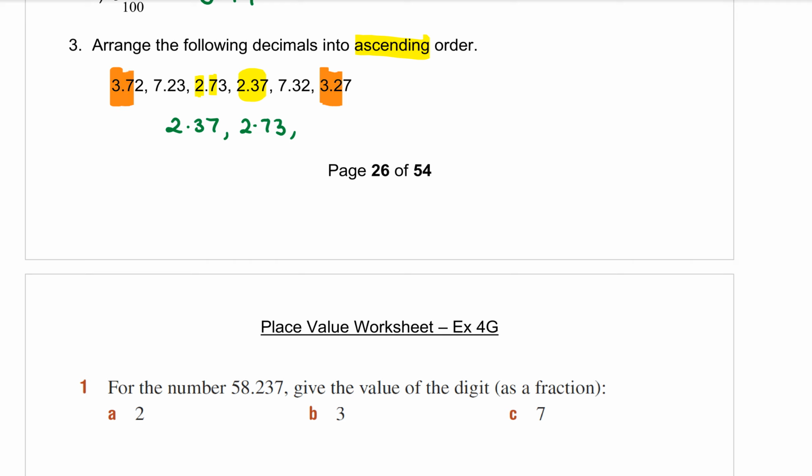So we put 3.27 first and 3.72 next. And finally, that means that we can look at the 7-point-something numbers. Looking at the tenths position, 7.2 is smaller than 7.3. So we write that down, 7.23, and finally 7.32.